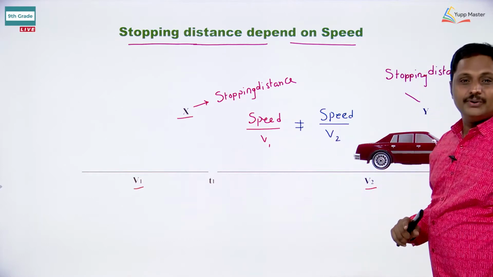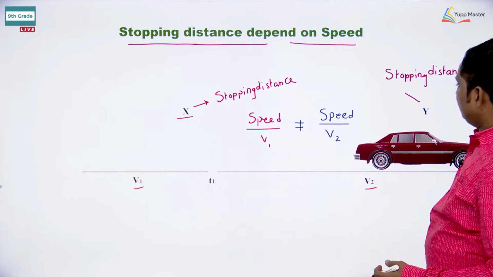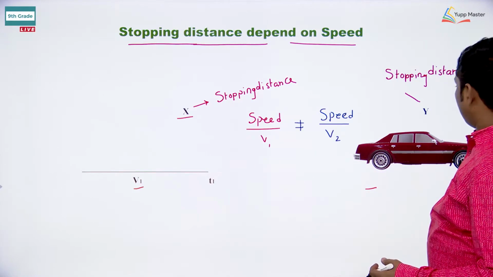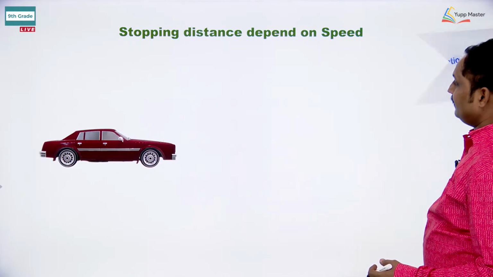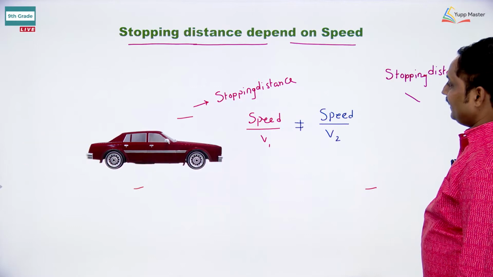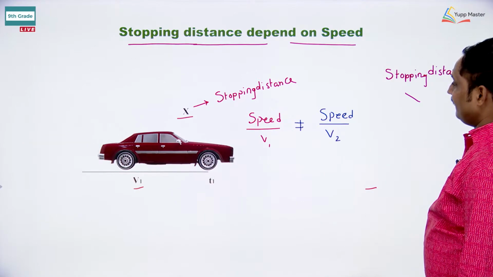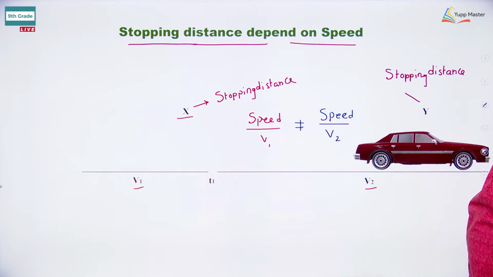Is it clear? Yes, we have seen. If you get this, you can see it has moved a stopping distance, and the speed is going to be different, all right.